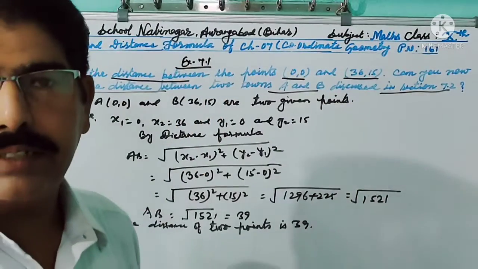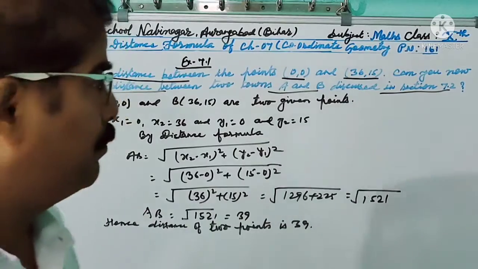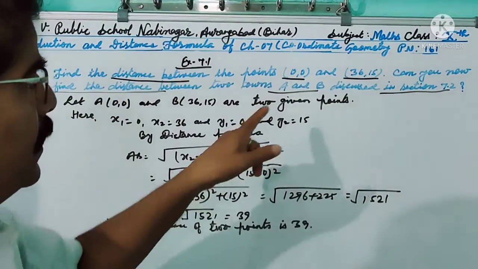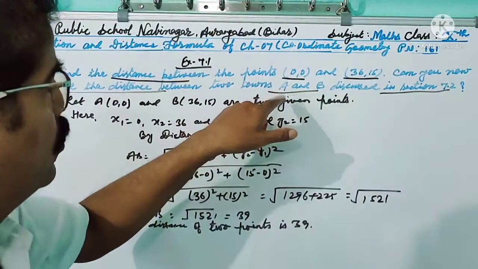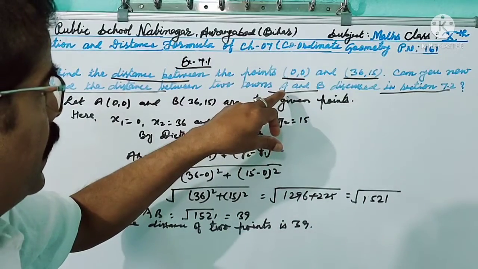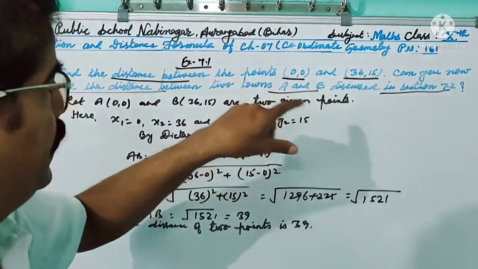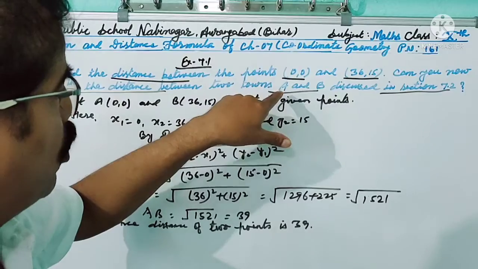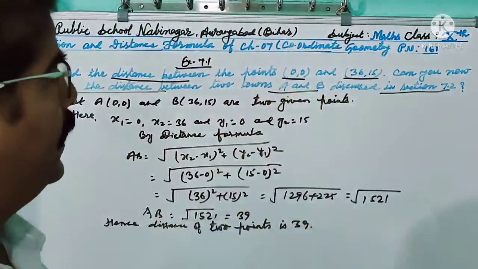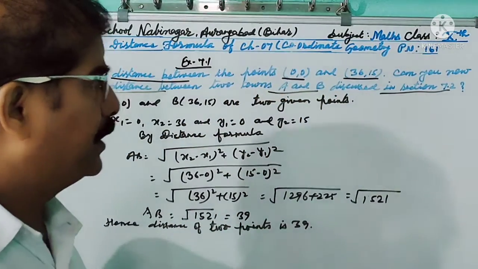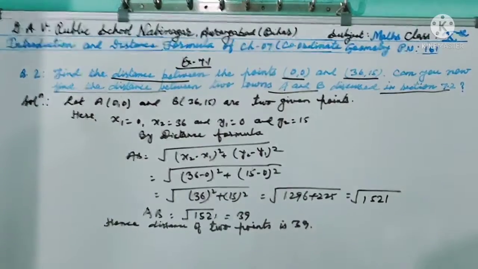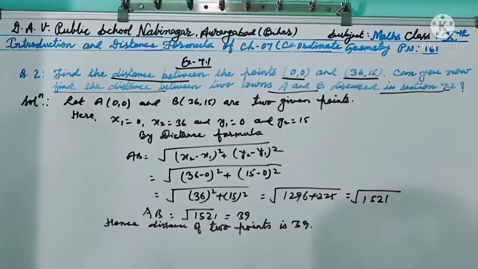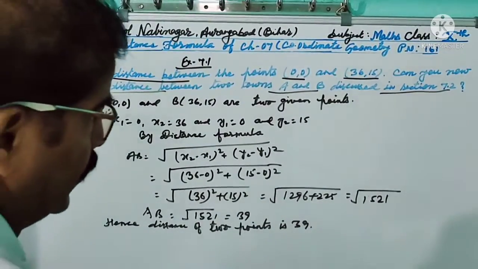Dear students, section 7.2 discusses two towns A and B whose coordinates are (0, 0) and (36, 15). So the distance between the two towns is also 39.